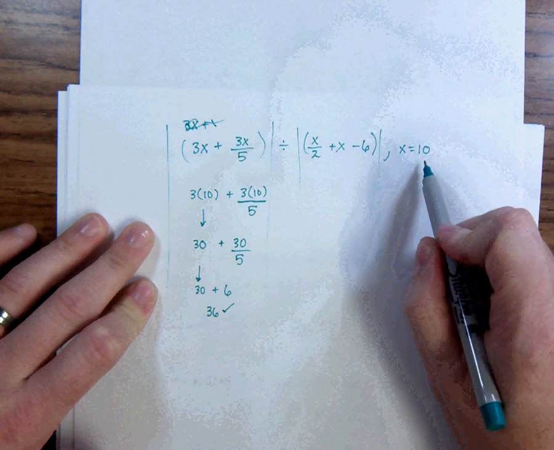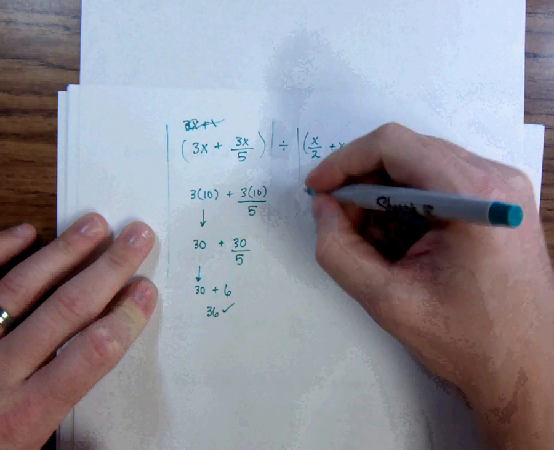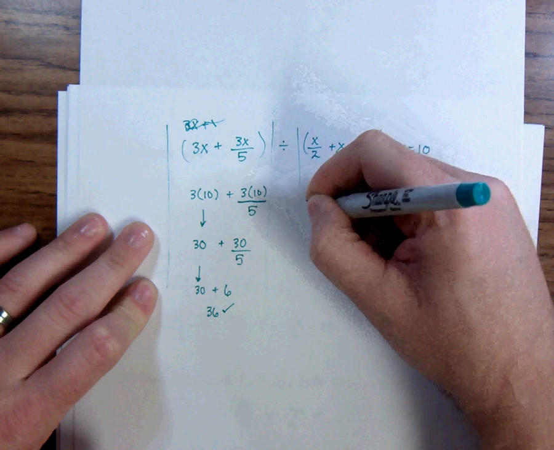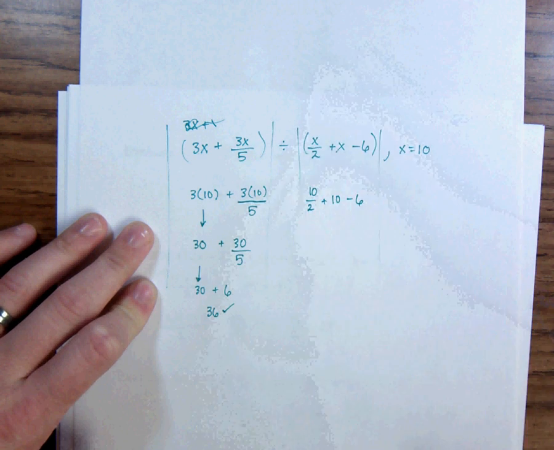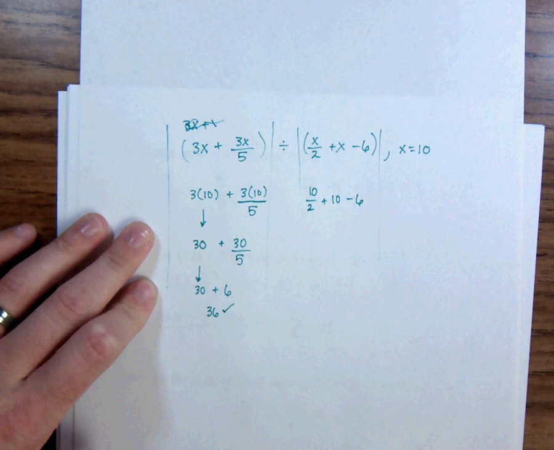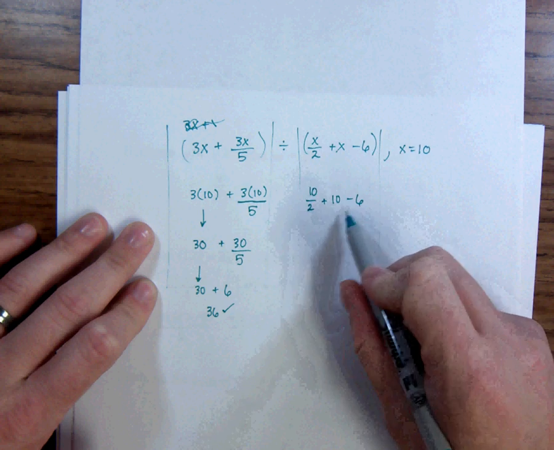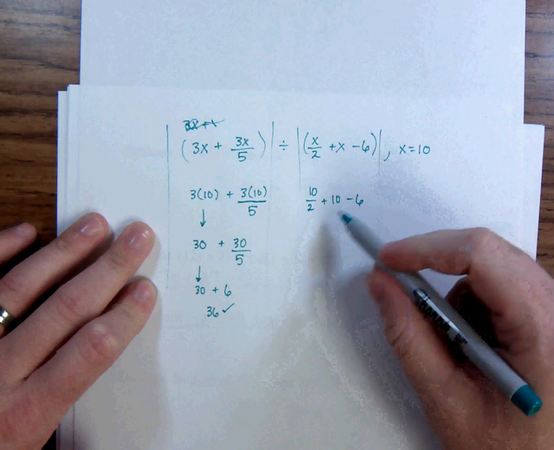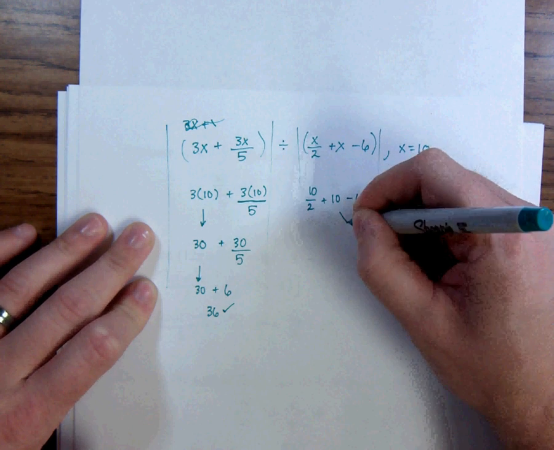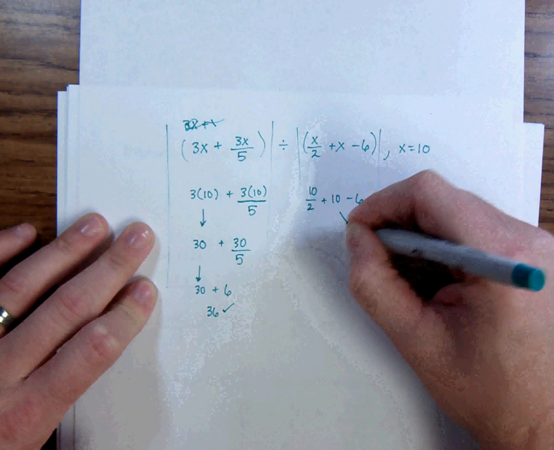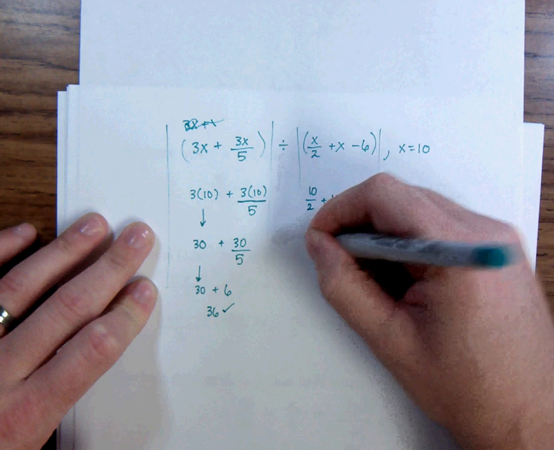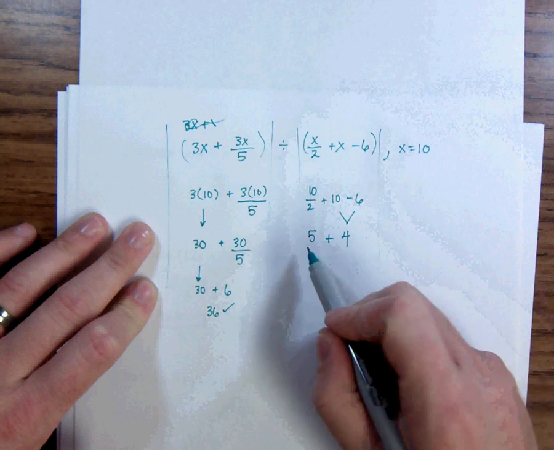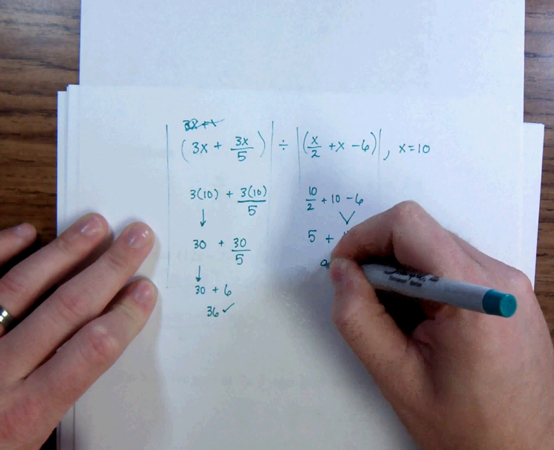Now let's do this term. Replace all the x's with 10. We have to substitute. 10 divided by 2 plus 10 minus 6. Well, this one's a little simpler. We still have 3 terms. We can simplify pretty quickly. 10 minus 6, that's 4. 10 divided by 2 is 5. 5 plus 4 is 9.